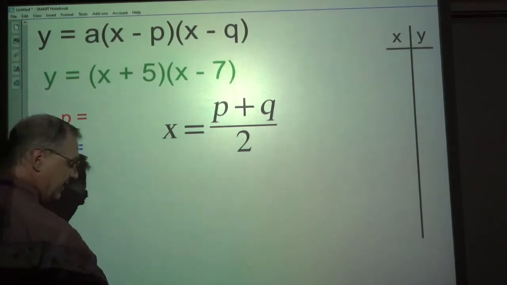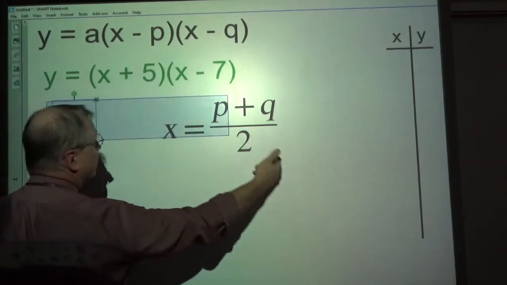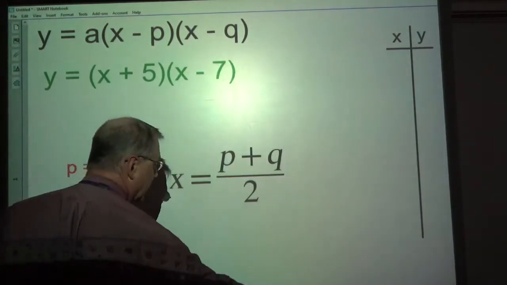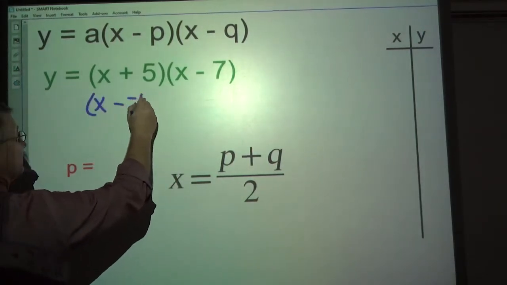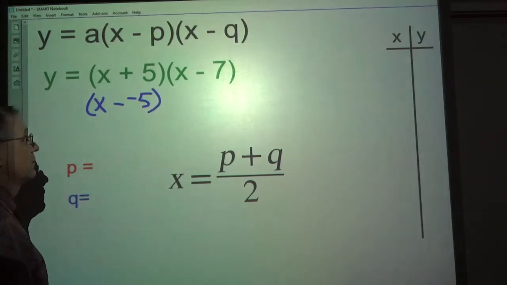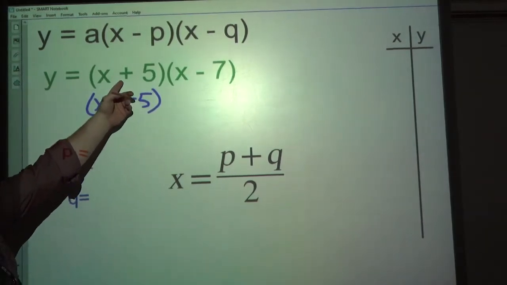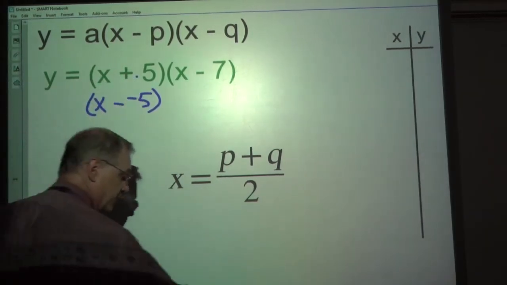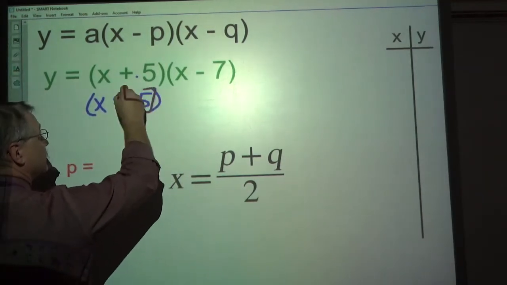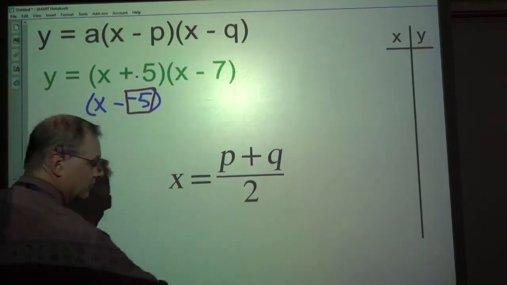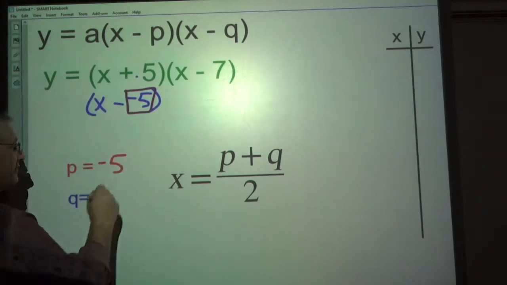Another way to write this is x minus negative 5. I think you'd agree that subtracting a negative is the same as adding a positive. So when we look at it that way, this is the p value, negative 5.